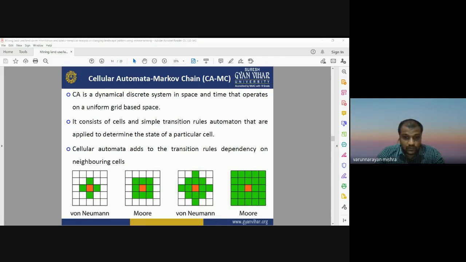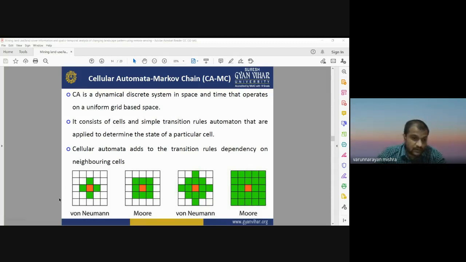Cellular automata works on the principle that if there is a pixel surrounded by some neighboring pixels, what is the probability of that central pixel to be converted into a pixel of a different class surrounding it? That is the way in which cellular automata calculates the probability of the central pixel to be converted into any of the surrounding pixels.